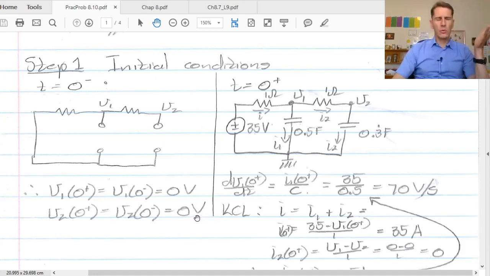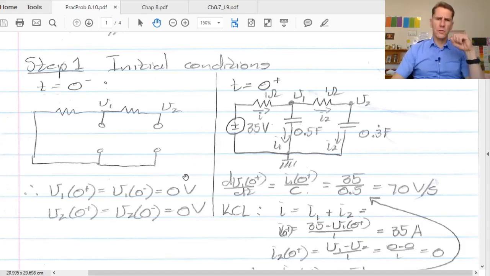In reality, where it would have started, let's say at time minus infinity, the capacitors were charged, and we make a short circuit there. Both those capacitors will empty themselves. This capacitor will empty itself through that resistor, for argument's sake, and that capacitor will empty itself through that resistor. So they become 0 volts. Okay. So that's the two initial conditions for the voltage.